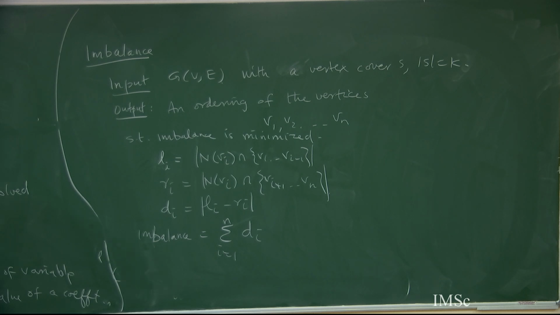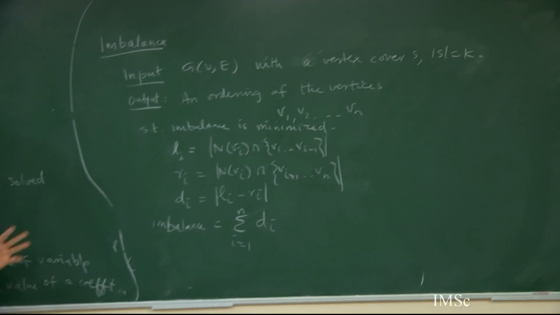This belongs to the structural parameterization I talked about earlier, right? Your input is not very far from an independent set, or not very far from a tree. For the most part of the course, the parameter was our solution size, but a more natural parameter is some structure in the input. In particular, you have a graph which has a vertex cover of size k, and k is the parameter. I want to find an ordering of the vertices that minimizes the imbalance.